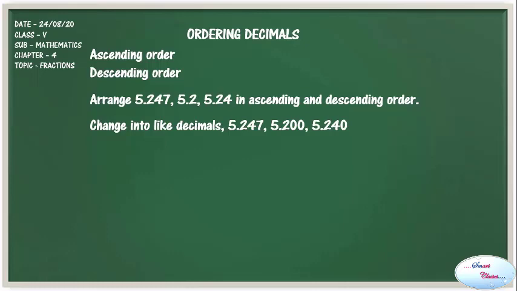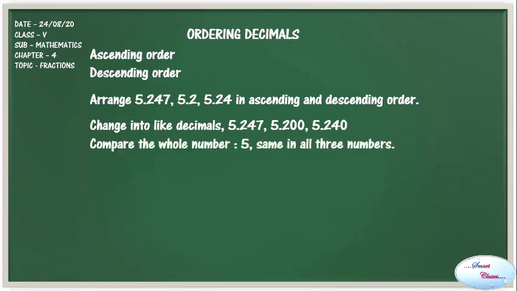Since all of these three decimal numbers have 5 as the whole number, which is common, now we need to compare their decimal part. Let's compare the first decimal place in all three numbers. All three numbers have 2, which is the same.